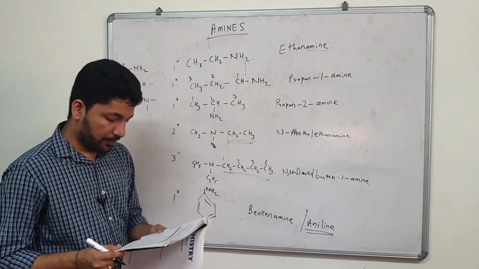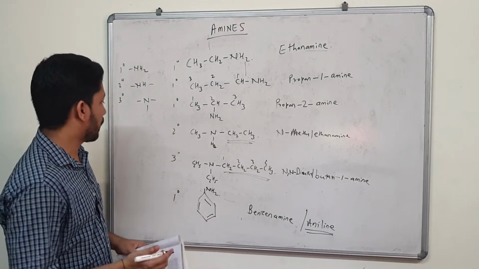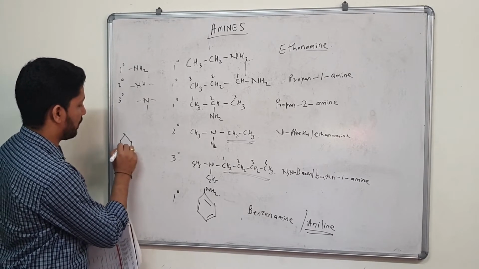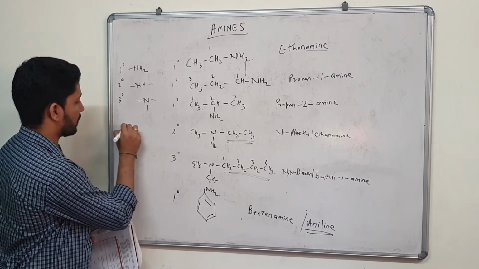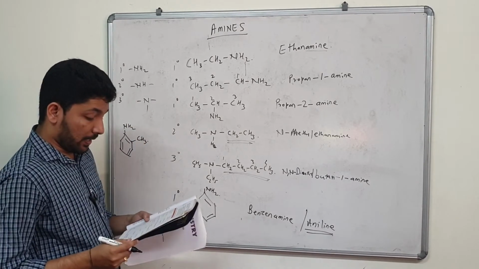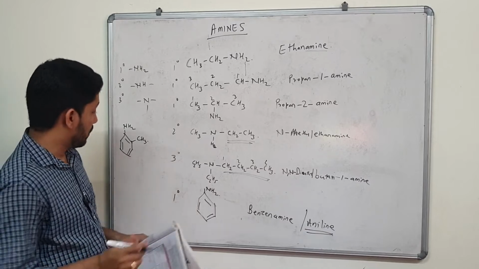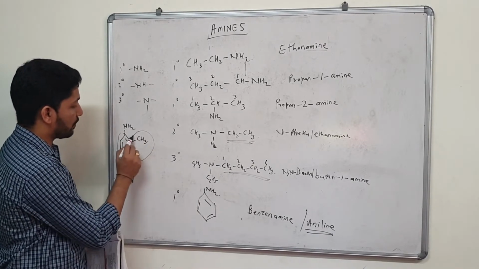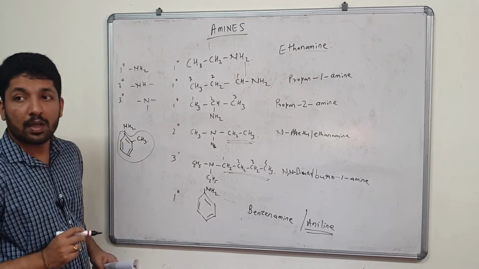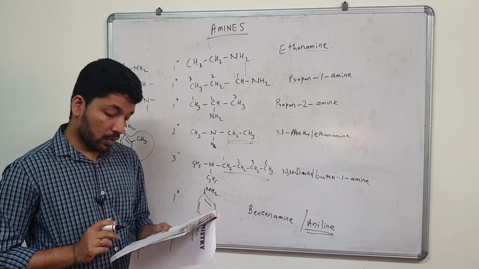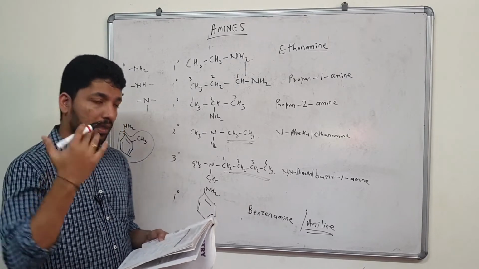So aniline, one more example I'll write over here. Benzene ring again. Suppose I have NH2 over here and suppose I have CH3 over here. The name of this is, now what happens is this becomes your base compound and the amino group becomes a substituent. So you can name it in any manner.